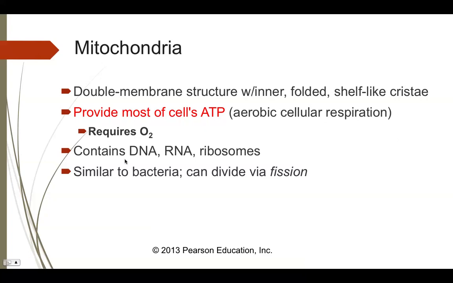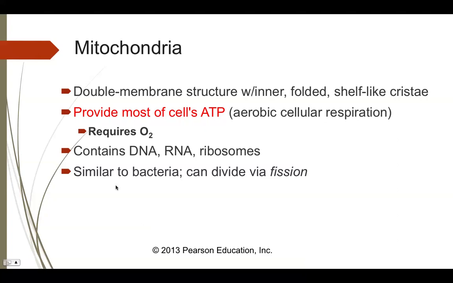Mitochondria also contain DNA, RNA, and ribosomes. This is one of the clues that led scientists to come up with what we call the endosymbiotic theory, where in ancient times a mitochondrion was similar to a bacterium. It lived on its own, and at one point in time it was engulfed by a larger cell.